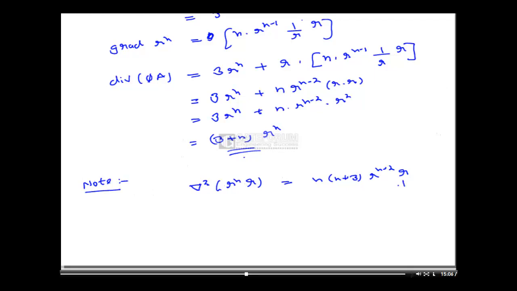This r is a vector function. This is a scalar function. Okay. Simple use of property, how it helps in solving a problem.